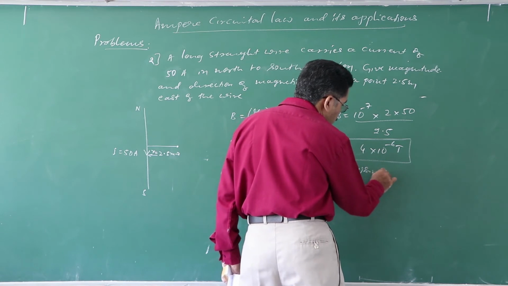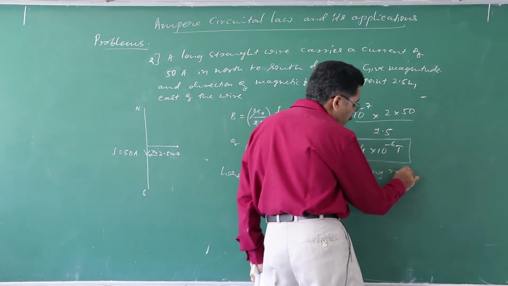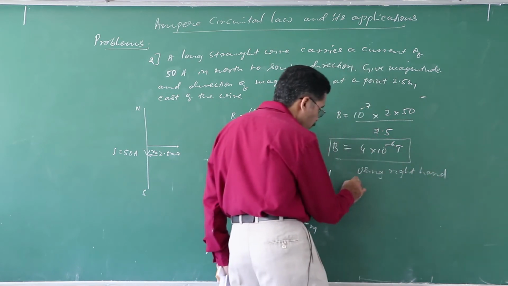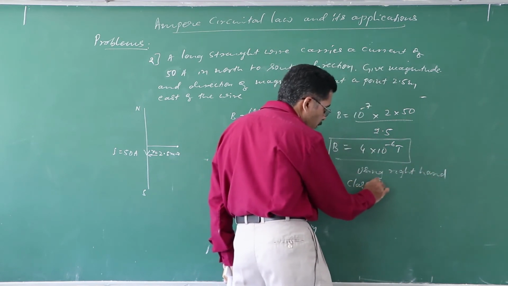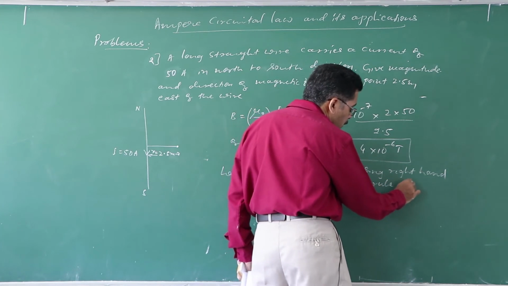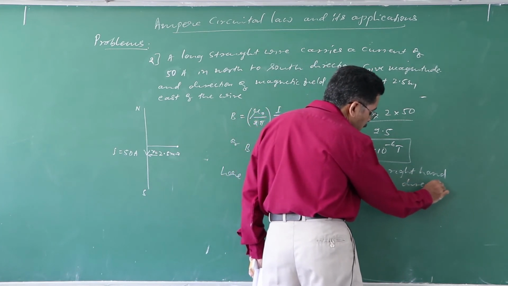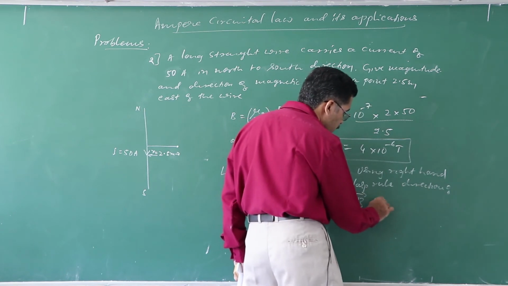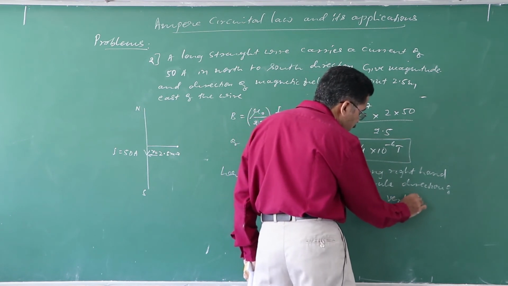Using the right hand clasp rule, the direction of B is vertically upwards.